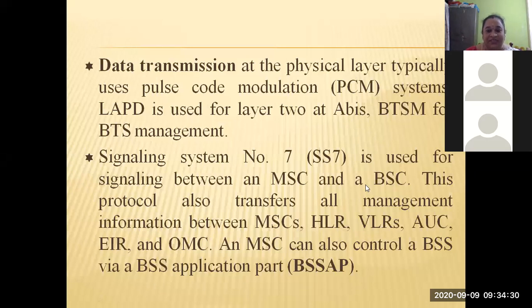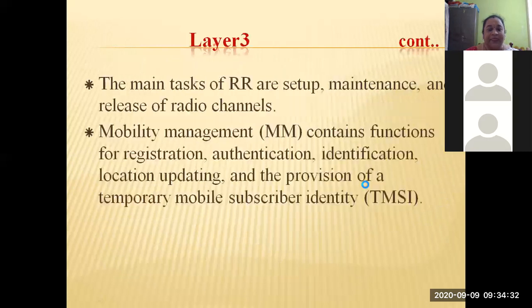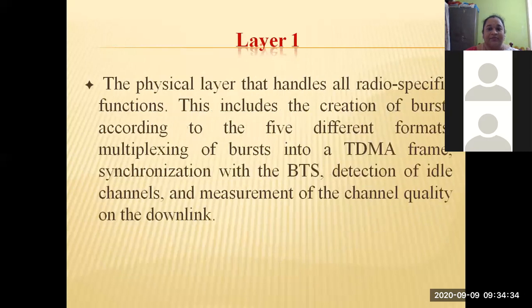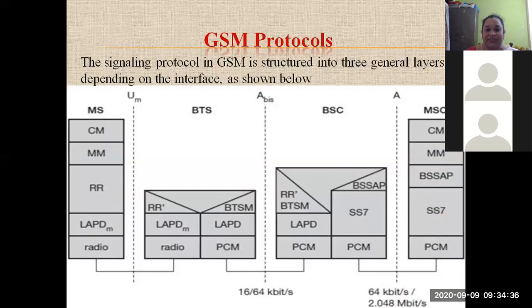See, you can observe this SS7 in this particular protocol section. All are similar, right? BTSM is the base transceiver system management, whereas SS7 is meant for the BSC and the MSC here.